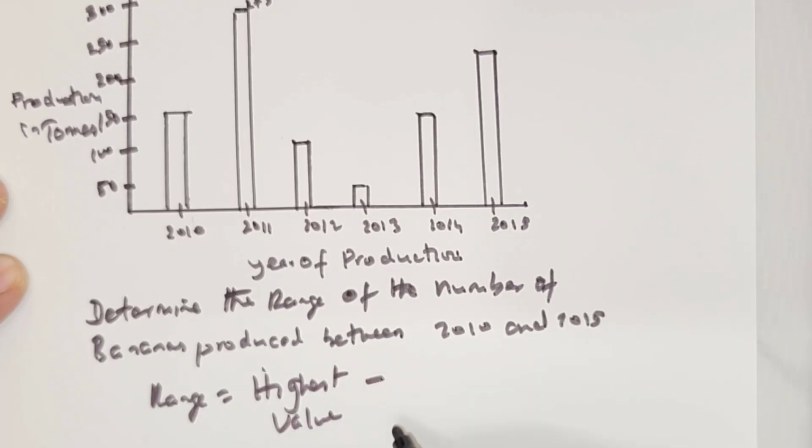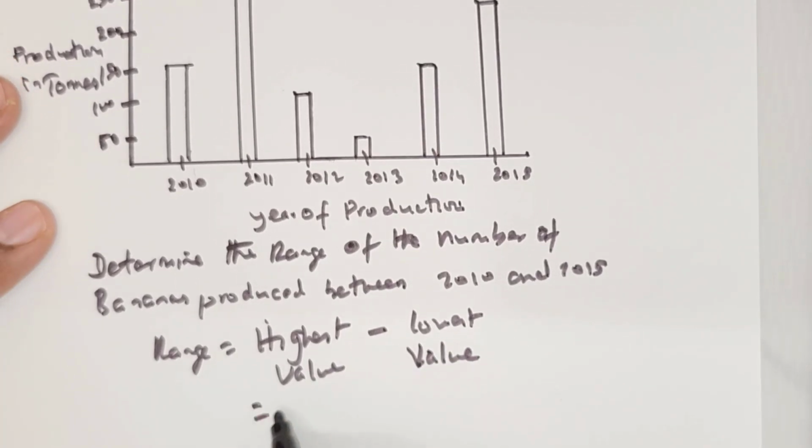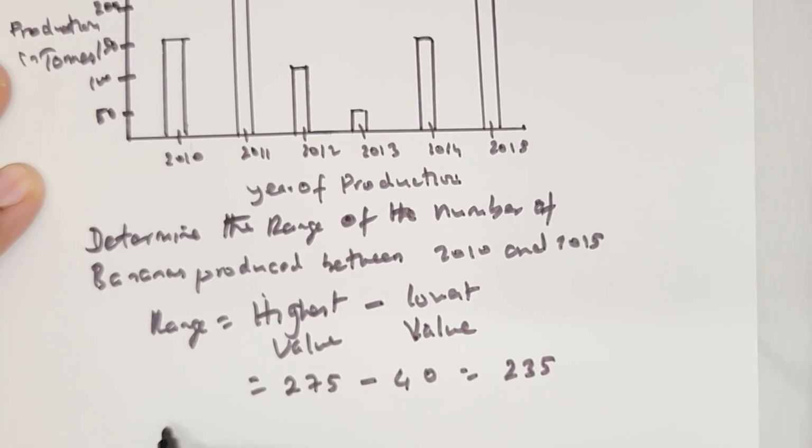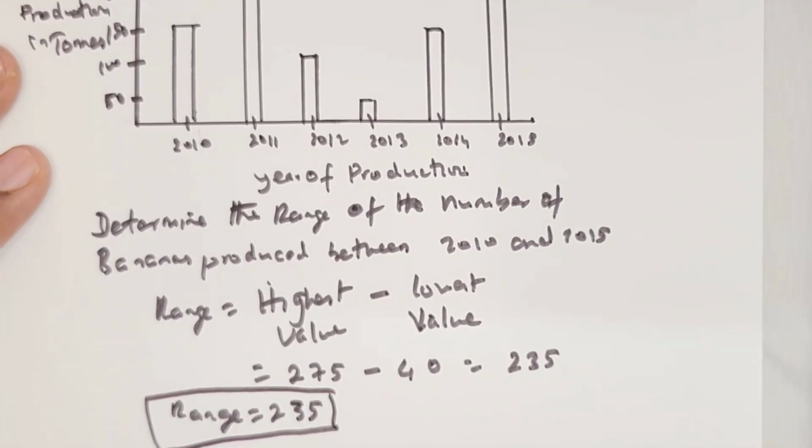Highest value minus the lowest value. So what is the highest value? Clearly the highest value is 275. And what is the lowest value? 40. So what is the range? 235. So range is equal to 235. You box that. Okay, that's the second question.